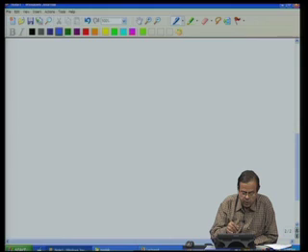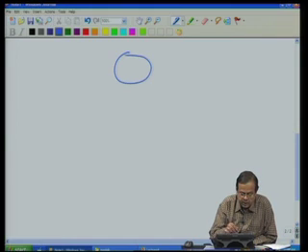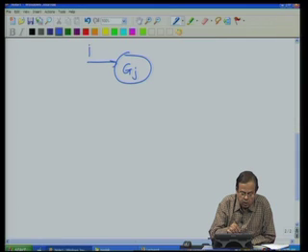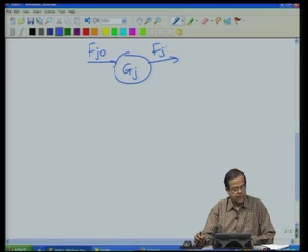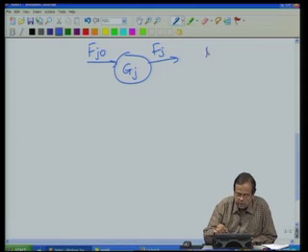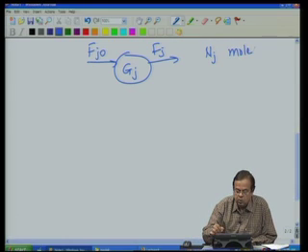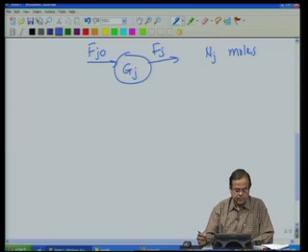Let me emphasize again, this is my reactor, the rate of generation is Gj, whatever is coming in is Fj0, whatever is going out is Fj, okay. And we are clear about the different terms that we are going to use. One more term that we are going to use is Nj, which is the moles.